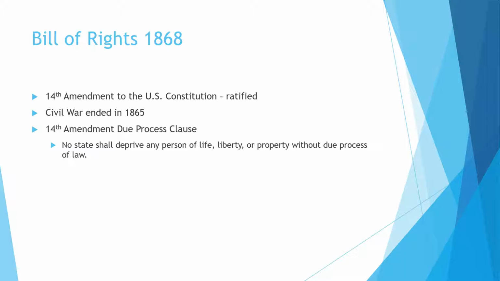So now it appears to at least open the doors a little bit, if not a lot, to the federal courts. Because now it seems to be saying, okay, federal courts, you can now take a look at state proceedings, whether we're talking about trials or punishments or police actions.